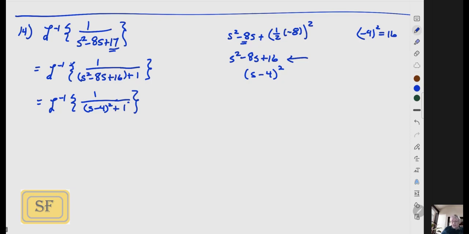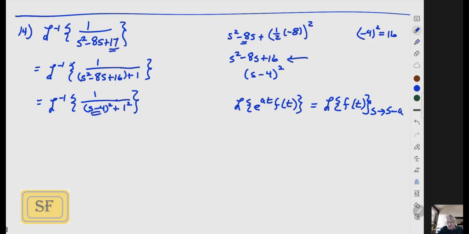So now you want to think, well, I have a shift. That's my first shifting theorem: the Laplace of e to the at times f of t gives me the Laplace of f of t, but then I have a shift. S was shifted to s minus a.